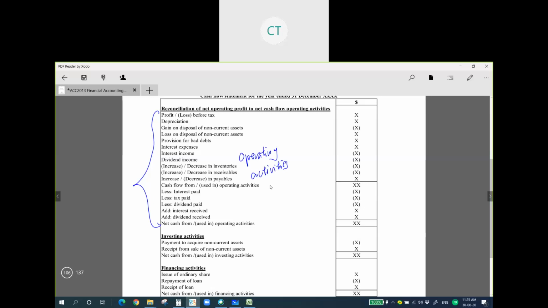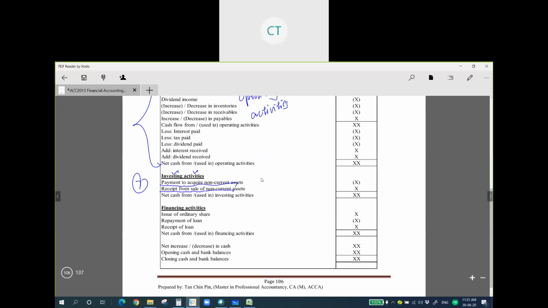This is the first section of your cash flow statement. Second section is regarding investing activities. In your investing activities, basically we record the payment to acquire non-current assets or the receipt from the sale of non-current assets. So this one is quite straightforward. And then the last section is your financing activities.